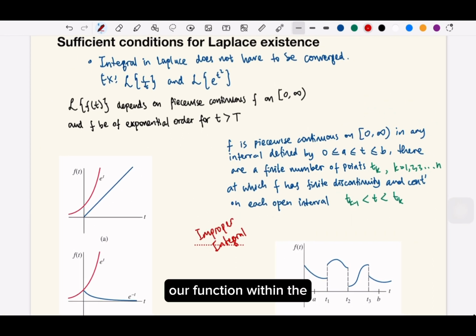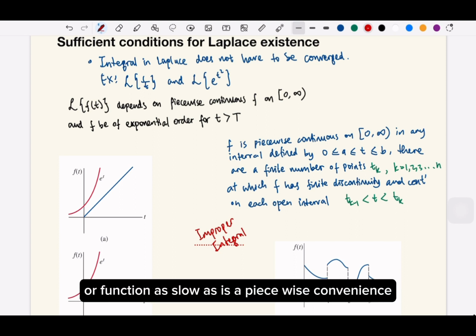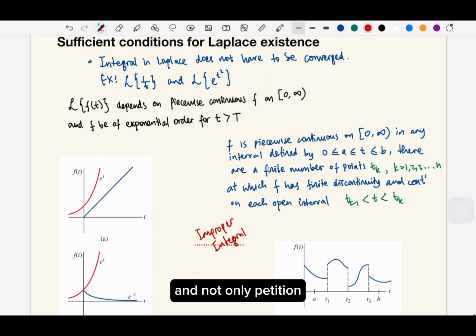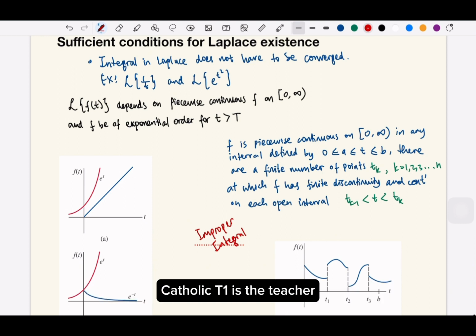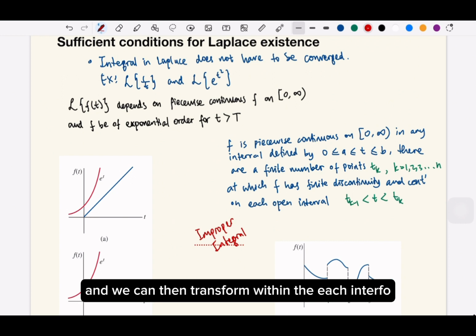So this is just to get the idea that, within the realm of the Laplace transformation, our function can be not only continuous but also piecewise continuous, and we can define the interval at each point t, for example capital t1, t2, t3. We can then transform within each interval, using the improper integral.